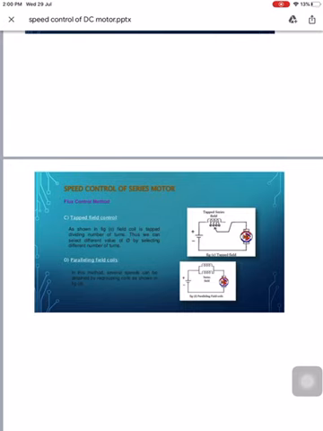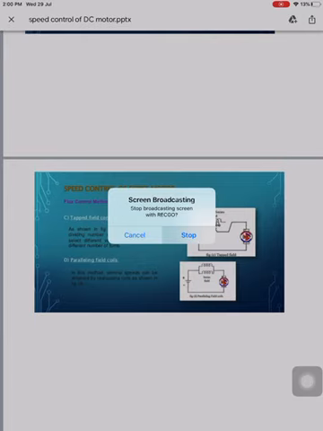This method involves using a motor generator set, and it is suitable for steel rolling mills, paper machines, elevators, and the like. So this is called the Ward-Leonard system of speed control.